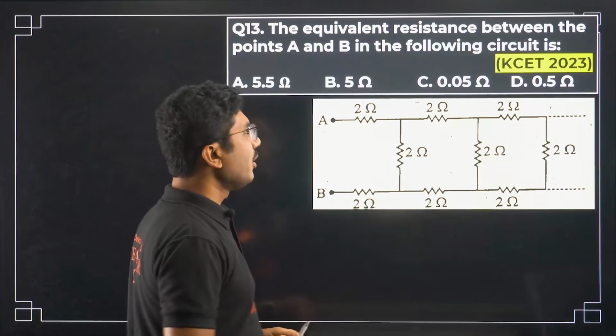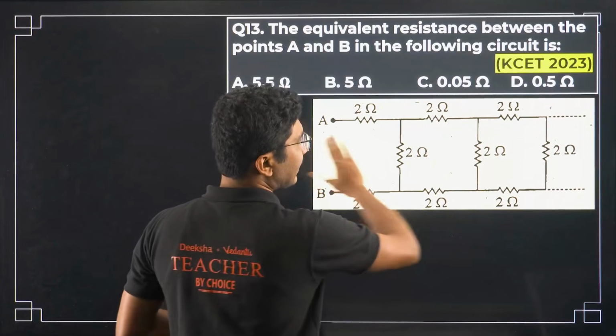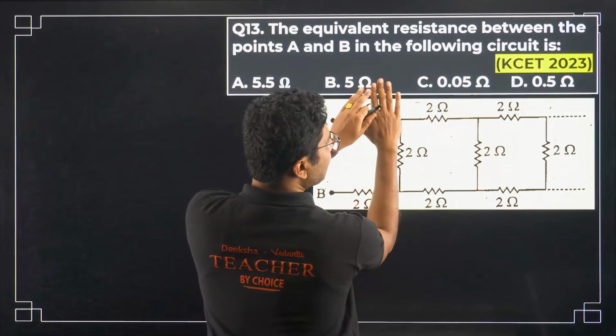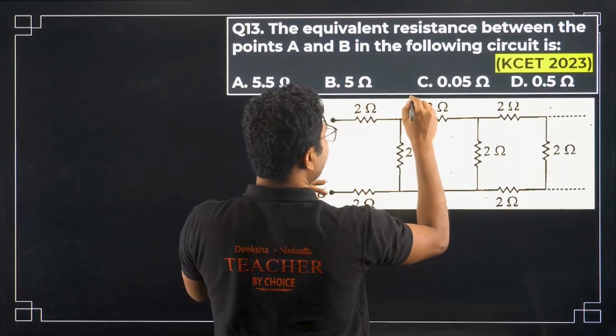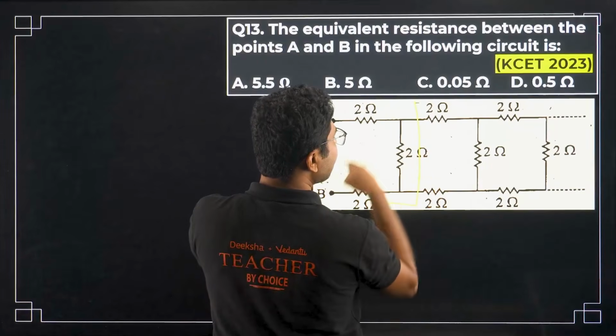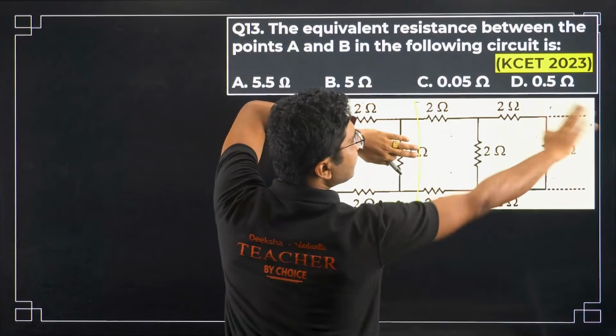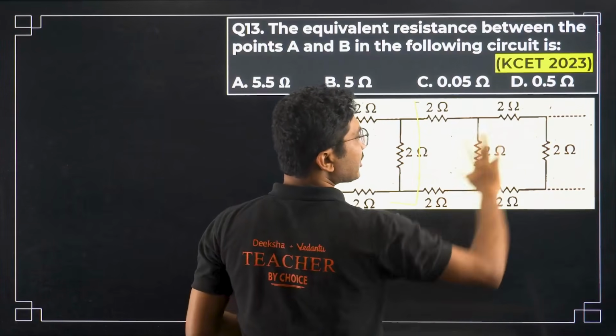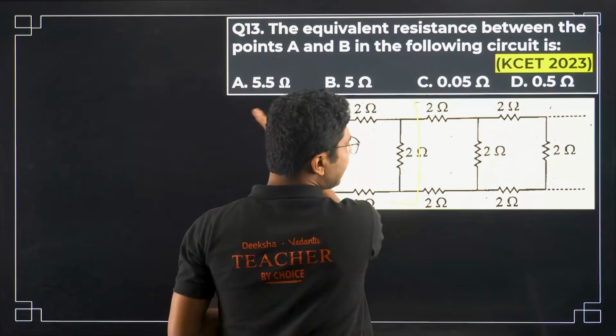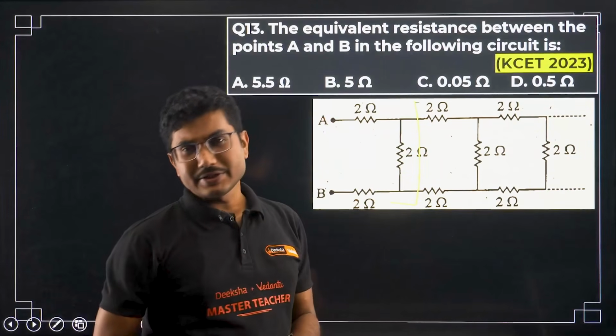For example, if I hide the first three resistances, the overall structure looks the same, because it goes to infinity.